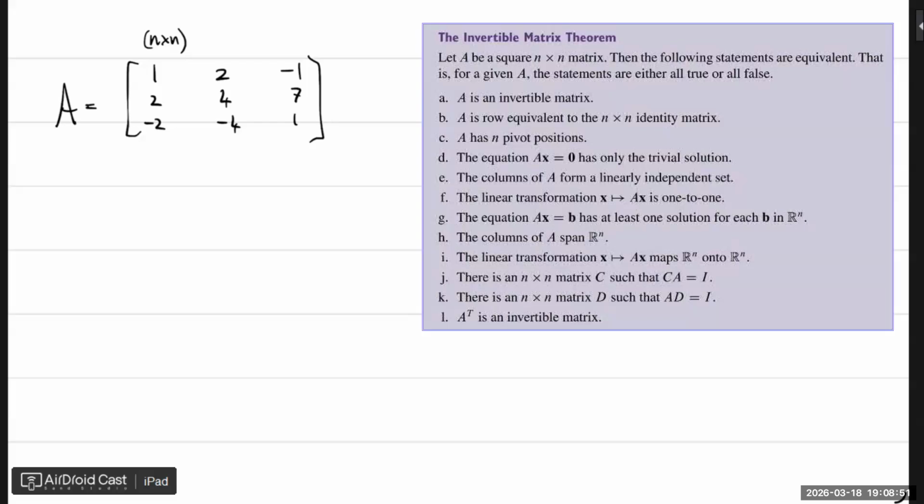So what can you see from column 1 and column 2 perhaps? Yes. So column 2 is just a scalar multiple of column 1.